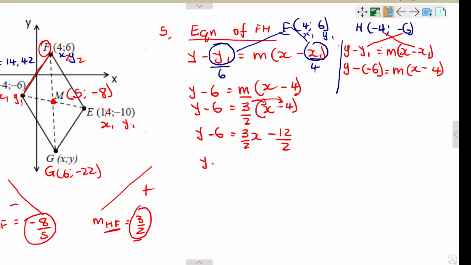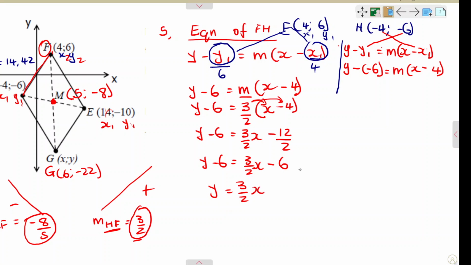So I'm going to say y minus 6 equals, I'm going to leave this 3 over 2x. What is negative 12 divided by 2? That's going to be negative 6. Now I have to take the negative 6 to the other side. So I'm going to say y equals 3 over 2x.